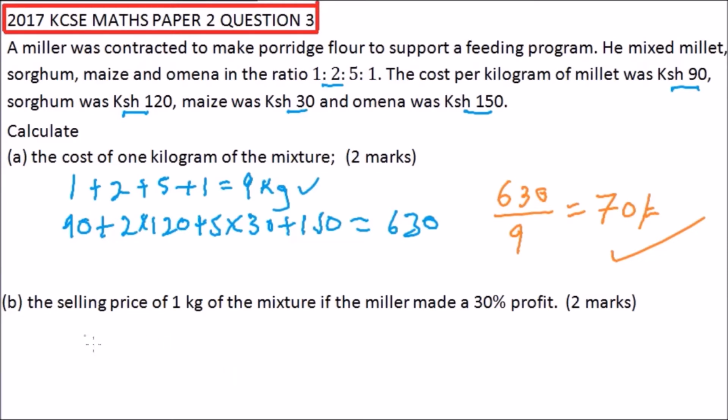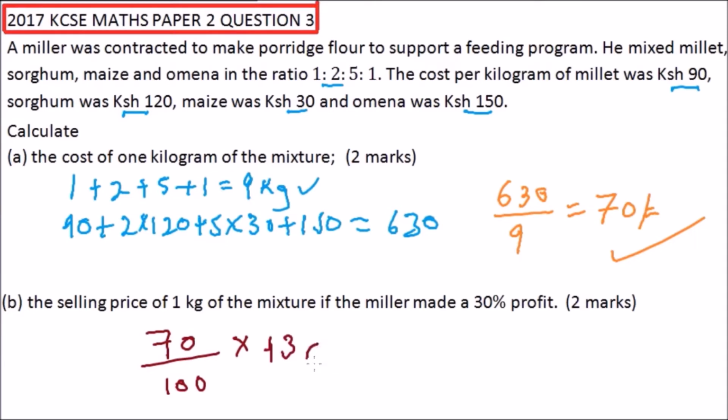But part B of the question says to find the selling price of 1 kg of the mixture if the miller made a 30% profit. So for the miller to make a profit of 30%, selling to the person who had contracted the miller, we say 70 is 100%, and what about 130?